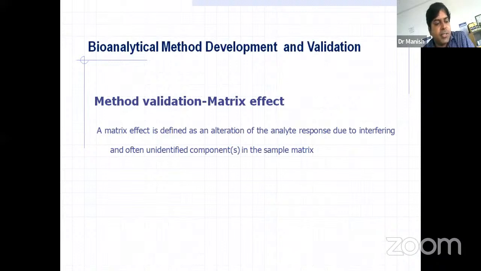This matrix effect should be evaluated by analyzing at least 3 replicates of LQC and HQC, each prepared using matrix from at least 6 different sources. For each individual matrix source evaluated, the accuracy should be within 15% for HQC, and for LQC it should be less than 20%. So this is the matrix effect.